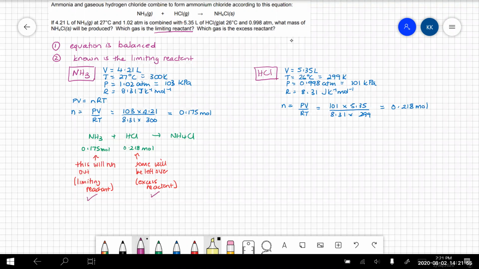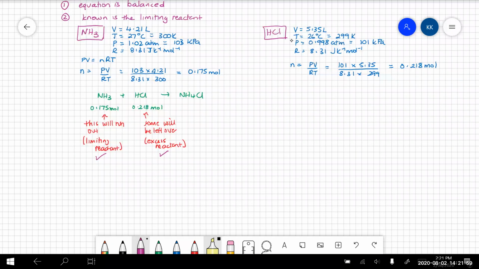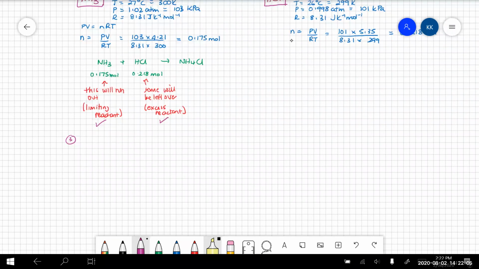However, you need to go on and perform your stoichiometry. Stoichiometry only uses the limiting reactant. So we are now going to totally ignore the HCl. No stoichiometry for your HCl. Excess reactants do not get used in stoichiometry.